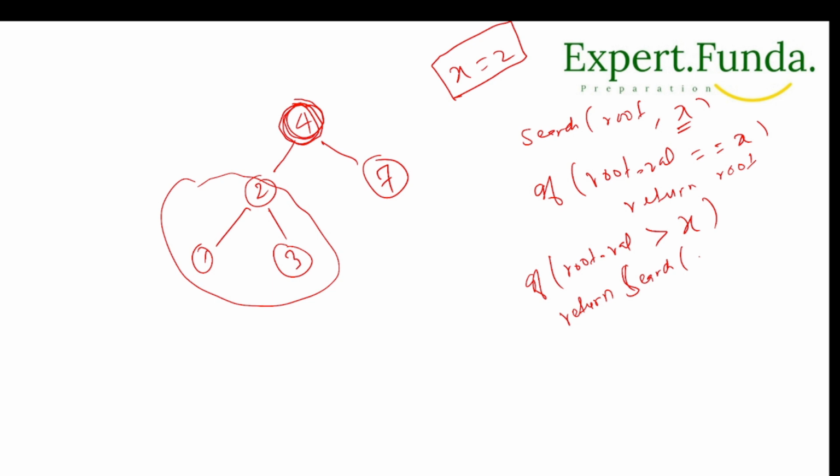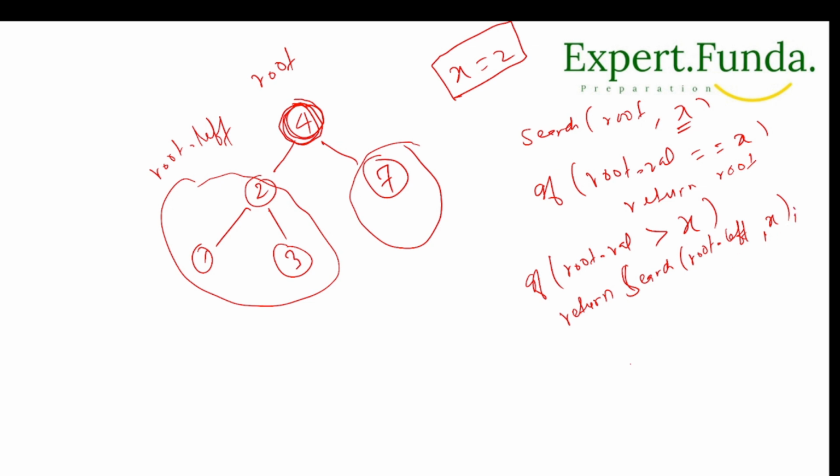What do we pass? If this is the root, this becomes root dot left node and this is our root dot right node. So we pass root dot left, and the search value x.